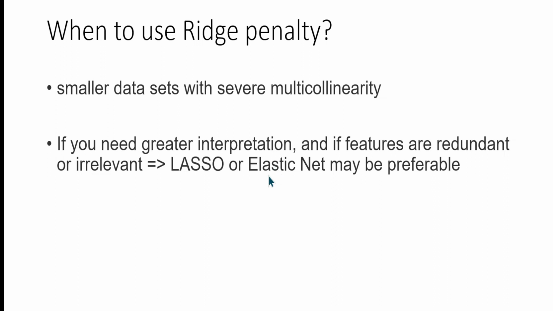And if you need greater interpretation, or if features are redundant: if your goal is greater interpretation, meaning a list of variables that are important for your outcome, or if features are redundant, meaning the information in one feature is already in another, or one feature is derived from the other, then you have to find a way to remove these irrelevant features.